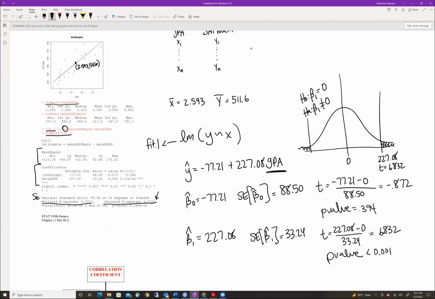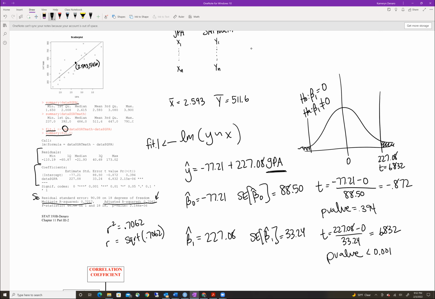So we can say here that R squared is 0.7062. Then if we wanted, we could calculate the correlation, and we get that by taking the square root of 0.7062. And since the slope is positive in this case, the correlation will also be positive. So we can get those values as well.